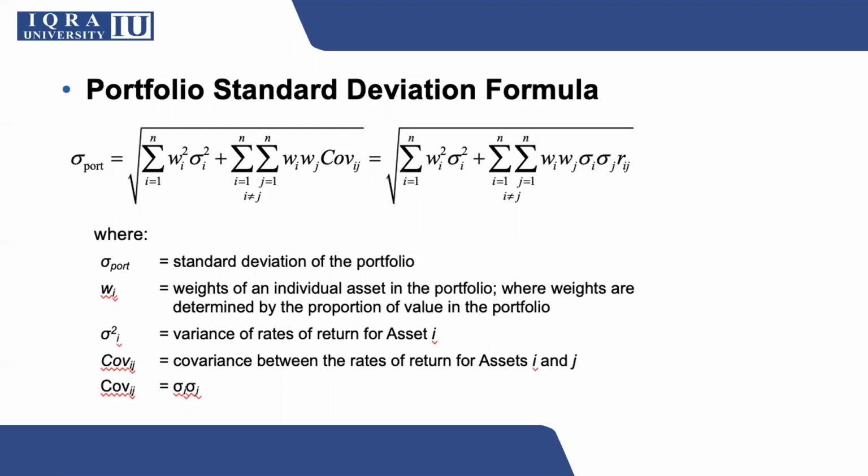Secondly, you will need the covariance or correlation of the securities that you will put in the formula. If you have covariance, you can use that, or if you have correlation, that might also be used. So it's your plan which formula you are planning to use.